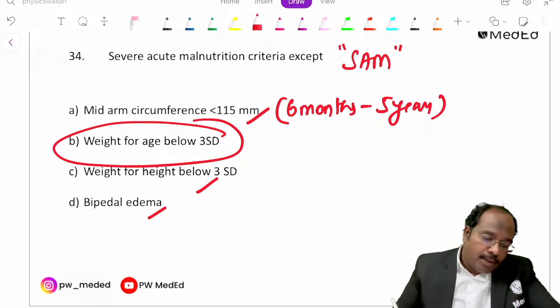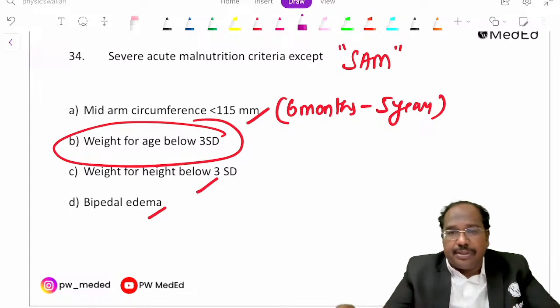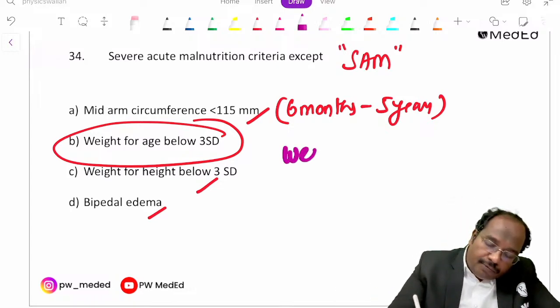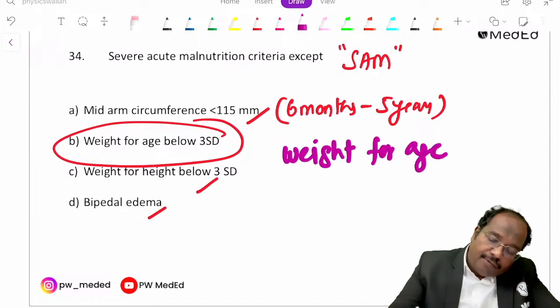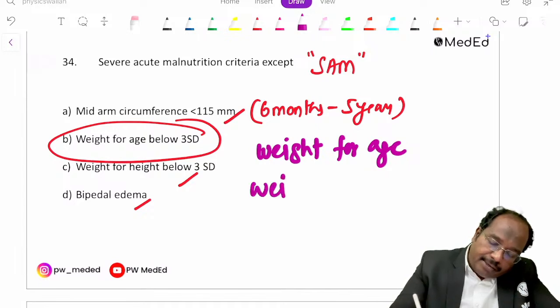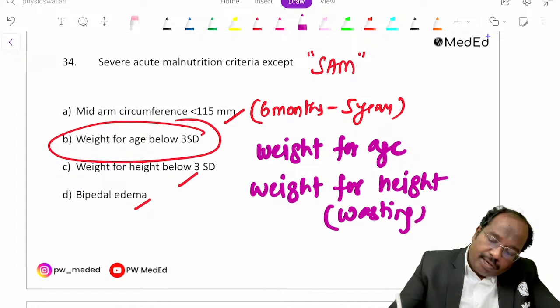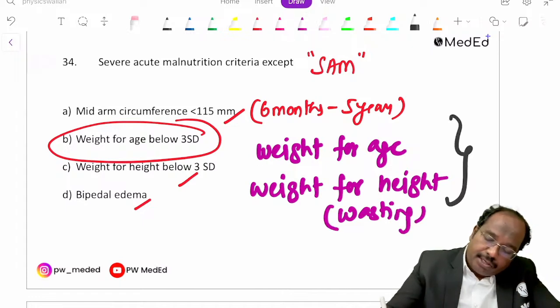Now, what are the indicators for acute malnutrition and chronic malnutrition? We use weight for age and weight for height. This is wasting. Both indicate acute malnutrition.